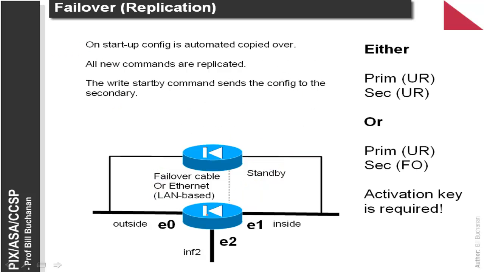For replication, we need to be able to copy the configuration from one firewall onto the next, and the write standby command is used to write from the primary to the secondary.